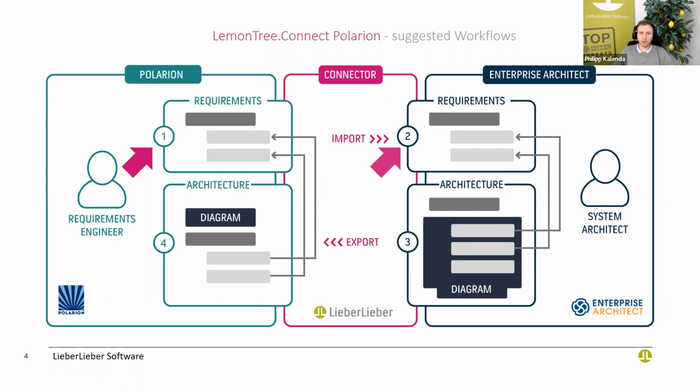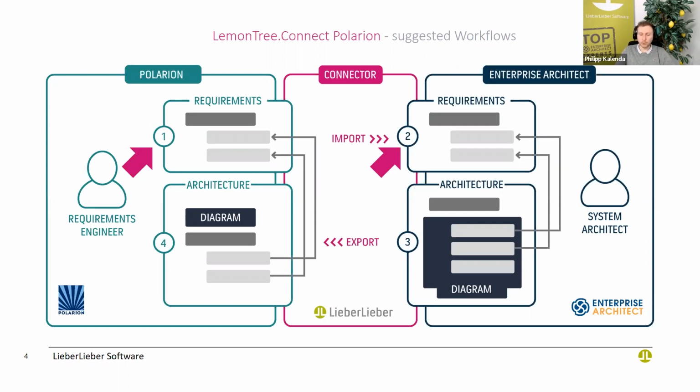We import those requirements with the connector to Enterprise Architect, and there the requirements serve as a starting point for the system architects. They analyze the requirements, they define further behavior analysis, and then architecture is derived, and the architecture is then linked to the requirements in order to establish the traceability.